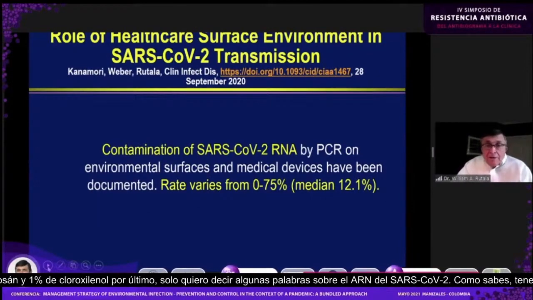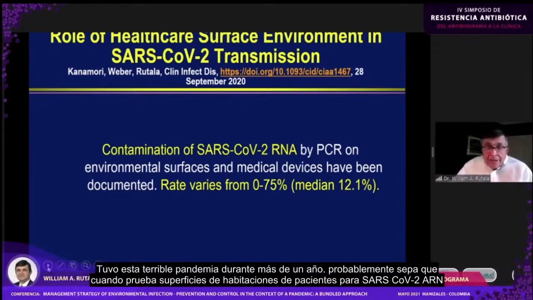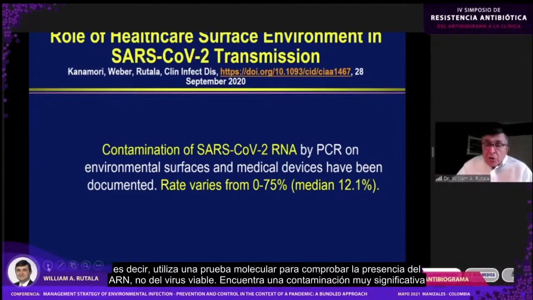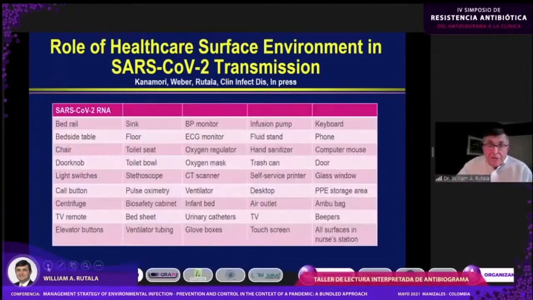Lastly, I just want to say a few words about SARS-CoV-2 RNA. As you know, we have had this terrible pandemic for over a year. You probably know that when you test surfaces of patient rooms for SARS-CoV-2 RNA, that is, you use a molecular test for the presence of the RNA, not the viable virus, you find very significant contamination.